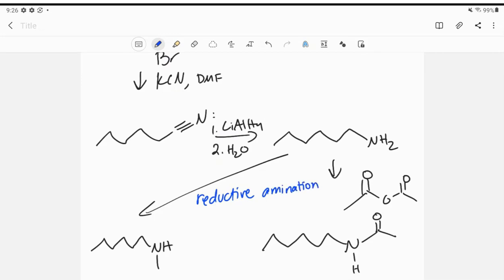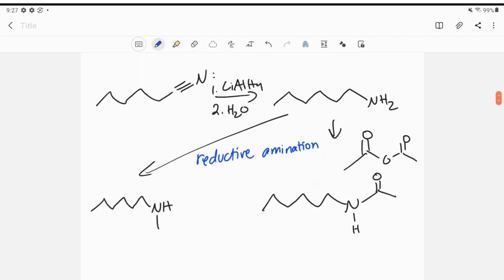If we want to put a carbon group onto an amine, onto a nitrogen, that is not an acyl group, acyl ones are easy to put on, right? But if we want to put a methyl group or some other alkyl group, we need to use reductive amination.